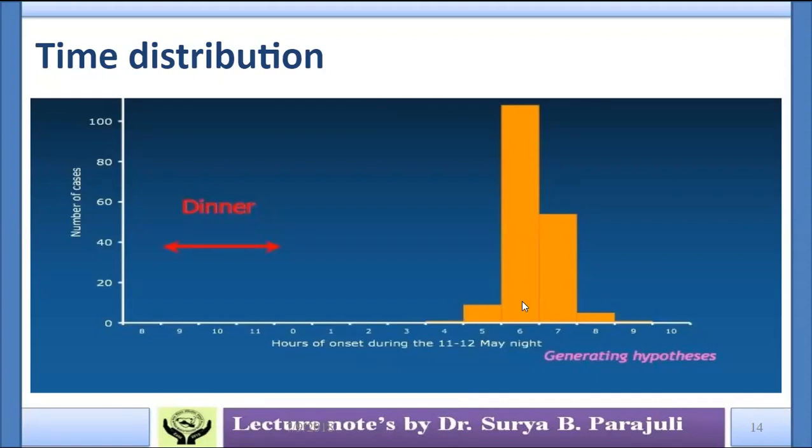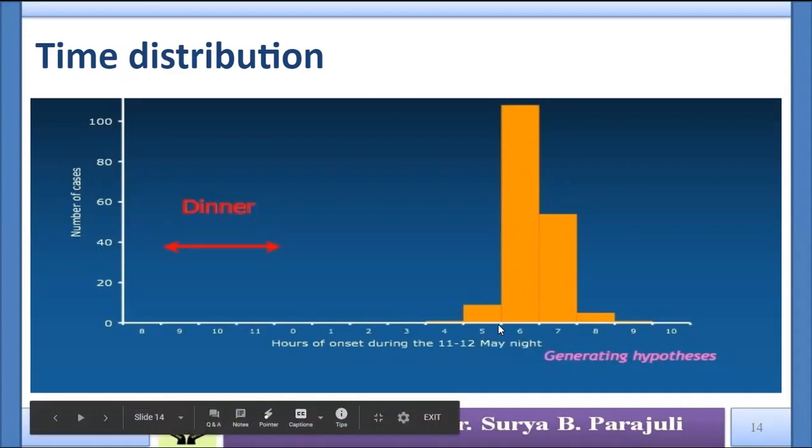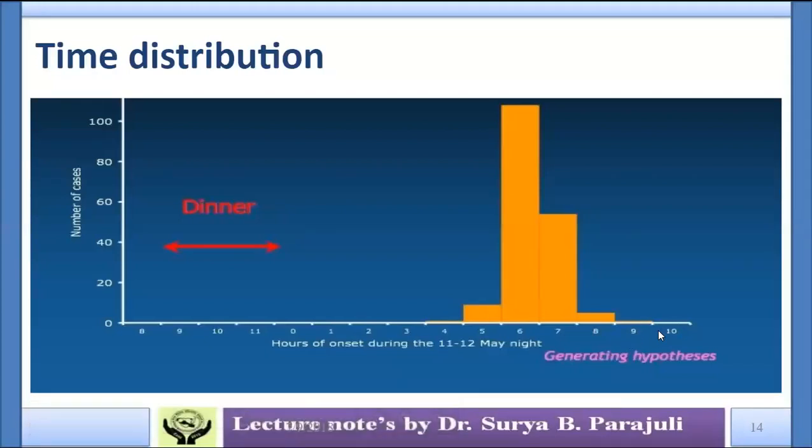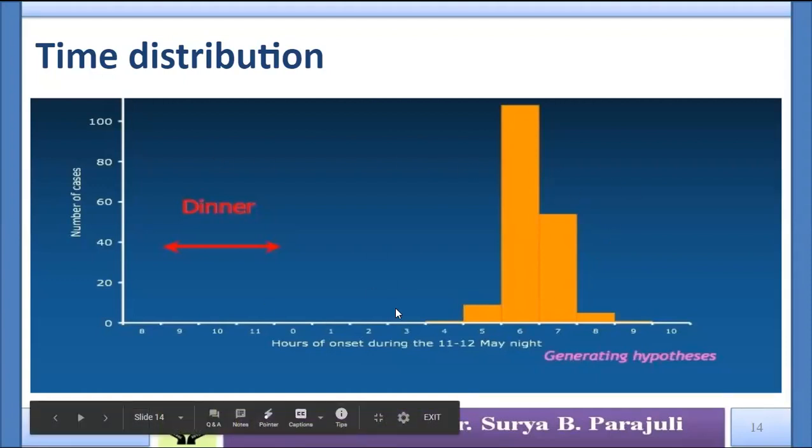Few cases, increased number of cases between 5 to 6 a.m. Then almost 50%, almost 60% decrease at 7 a.m., and around only 10% at 8 a.m., and by 9 a.m. there are no cases of food poisoning. So this is the typical time distribution of food poisoning.